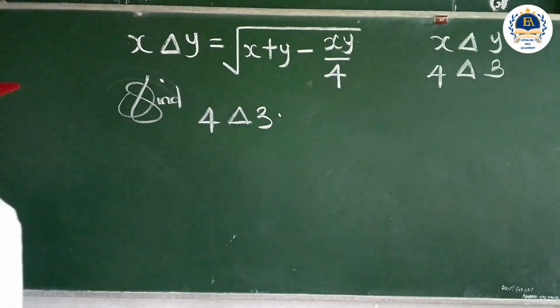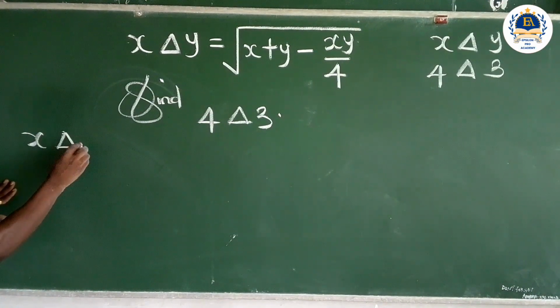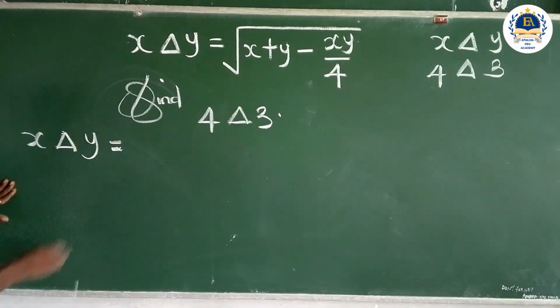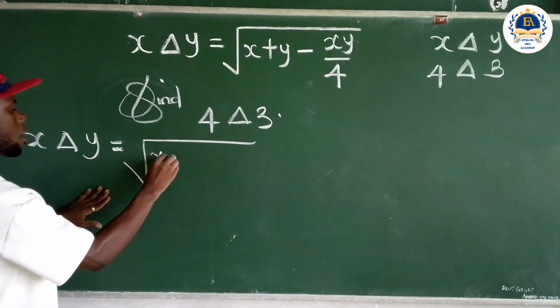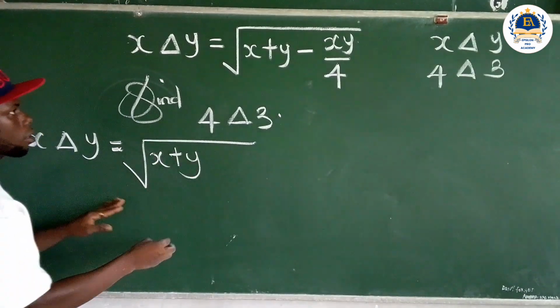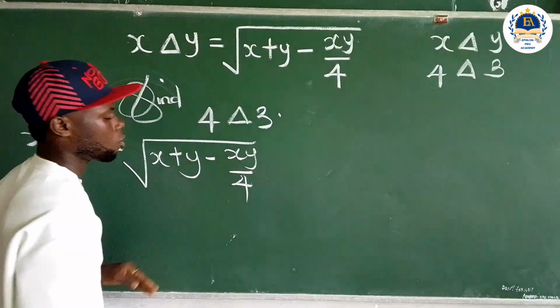Okay, so let's rewrite what's on the board. x delta y is equal to the square root of x plus y minus xy over 4.